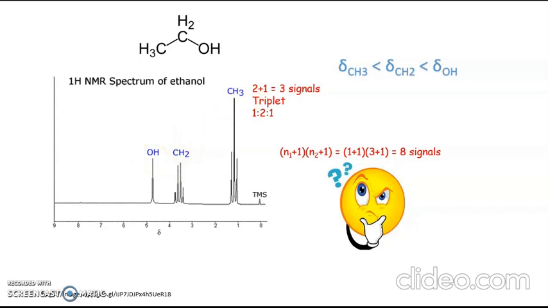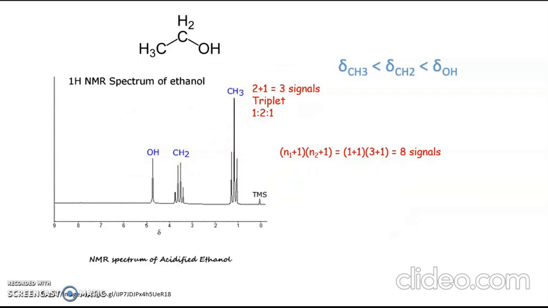There is the importance of NMR spectrum in structural elucidation. This is not the spectrum of pure ethanol. This is the spectrum of an acidified ethanol. So what is acidified ethanol? That is ethanol containing some acid.